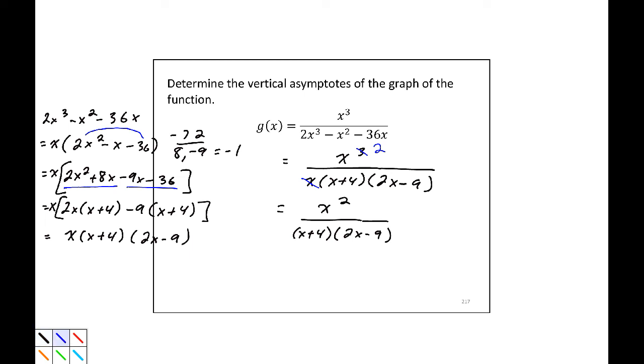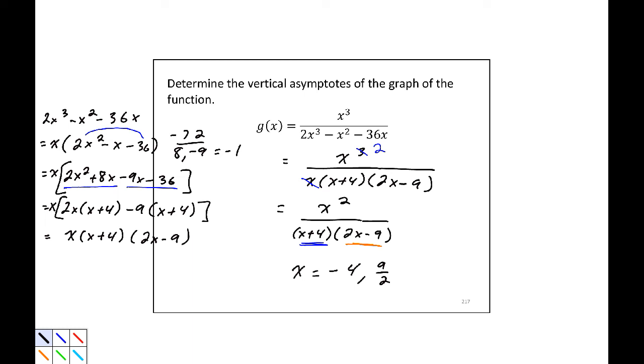So for the first factor, I can see that x is not equal to, or my asymptote actually is x equals minus 4. And the second factor, 2x minus 9, if I set it equal to 0 and solve it, I would add 9 and then divide by 2. So positive 9 over 2. So I have two vertical asymptotes.